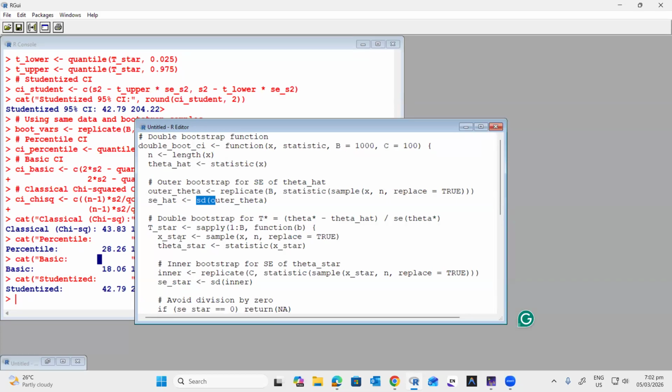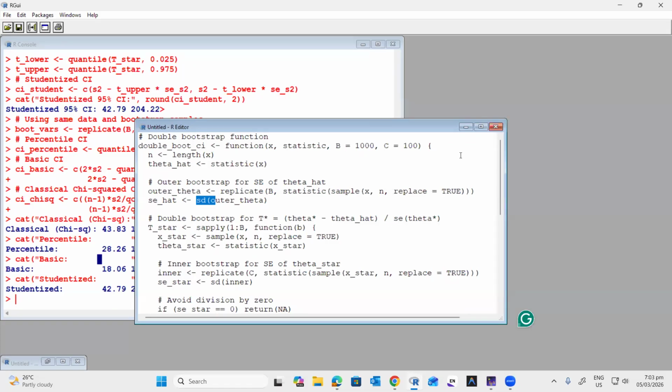So here, basically in sapply 1 to B, we are applying the inner function for each integer from 1 to B. For each sample that we are resampling, the result will be a vector or a list of the values returned by the inner function.